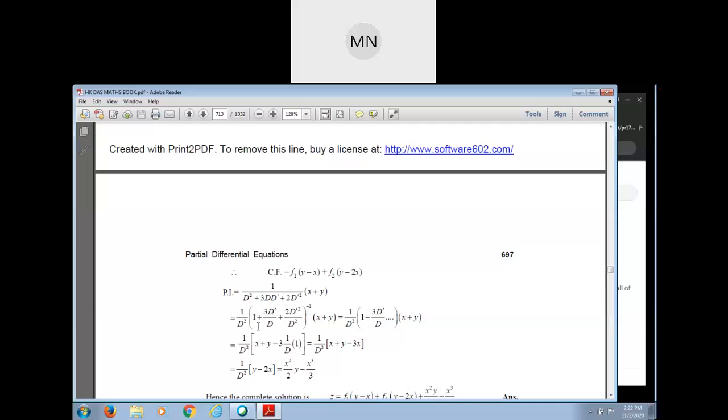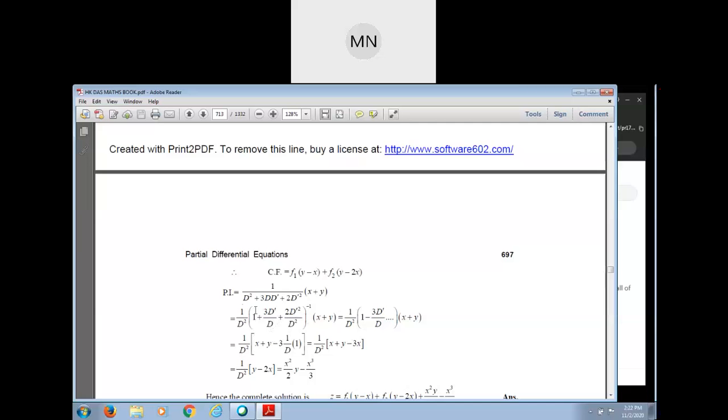Now see that this is like 1 plus x whole inverse. Now expand this. The series 1 plus x whole inverse is an infinite series, and the expansion of this series is 1 minus x plus x square plus x cube and so on.